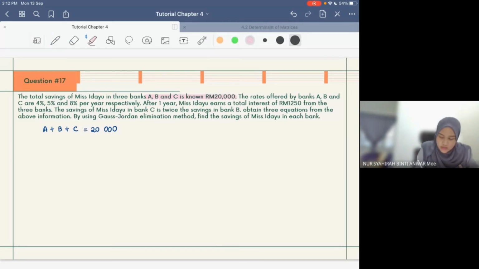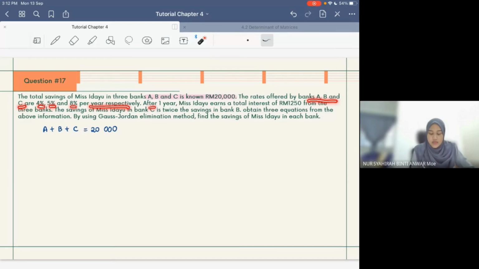Okay. Now let's try to find the next equation. The rates offered by banks A, B and C adalah 4%, 5% and 8% per year respectively. After 1 year, Miss Idayu earns a total interest of 1,250 from the 3 banks. So, ini merujuk kepada total interest dan kita tahu setiap bank dia bagi 4, 5 dan 8% kan.